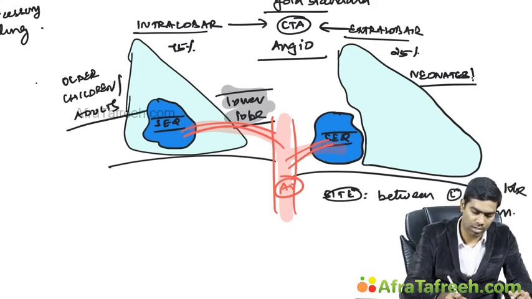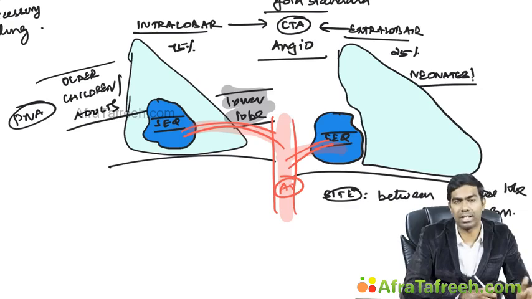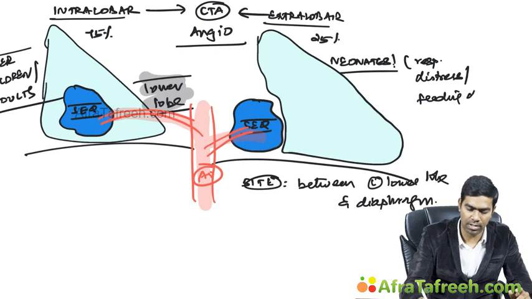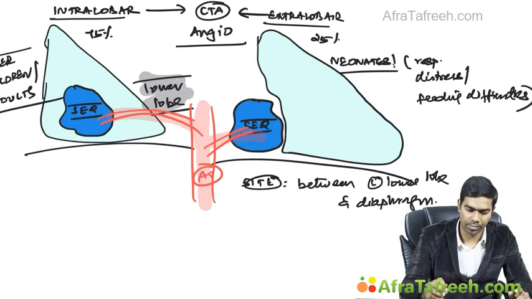The long-standing pneumonia is the usual presenting feature of intralobar sequestration, whereas neonates, because it's an early presentation, come with respiratory distress and feeding difficulties. This is how extralobar sequestration presents.